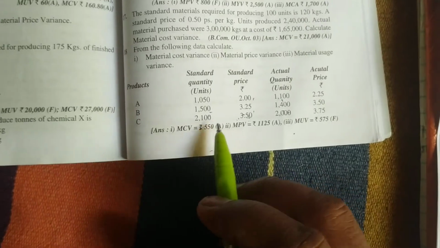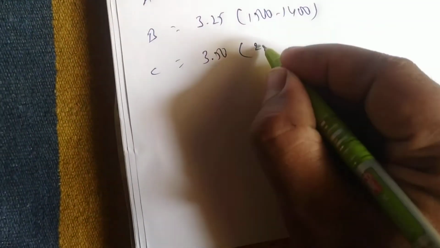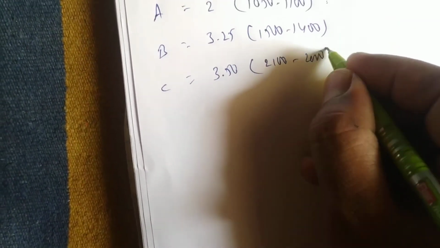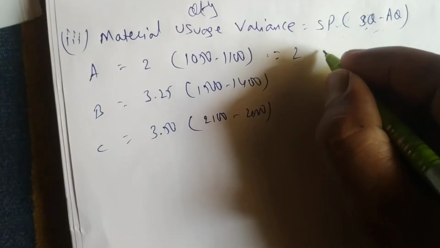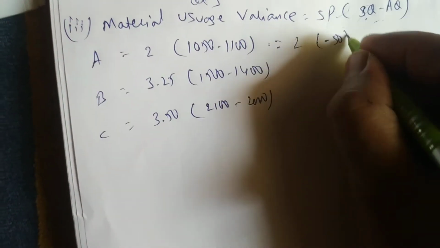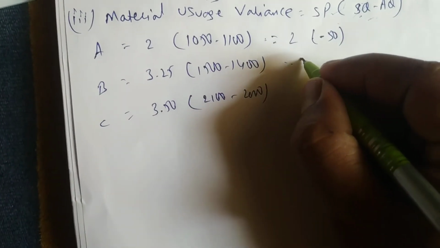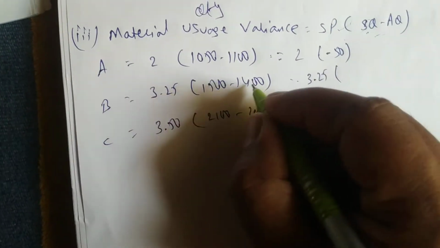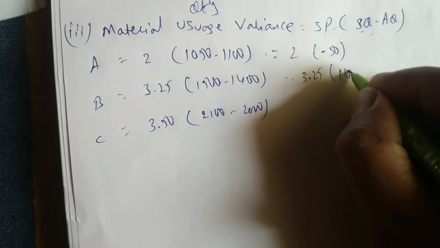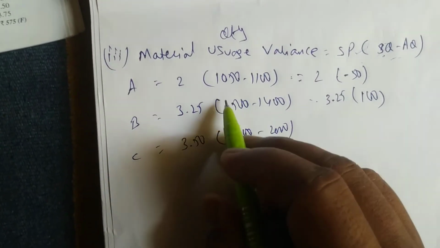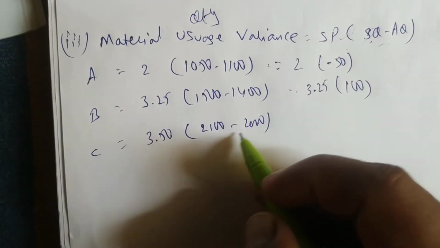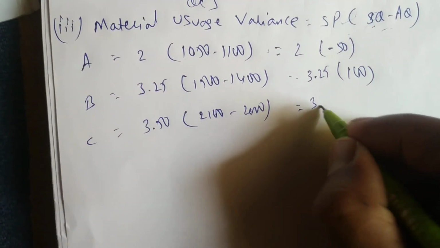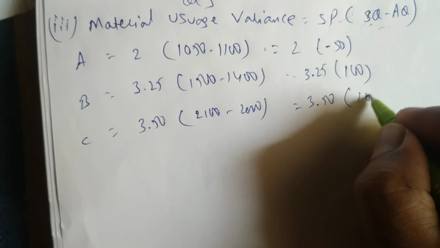And C is how much? 2100, actual 2000. Now for A, 1050 minus 1100 we get minus 50. Here for B we get 3.25 with 100 positive, because 1500 they are asking us to use, but we used 1400, so 100 is positive. Next for C, 3.50, we get 100 positive.